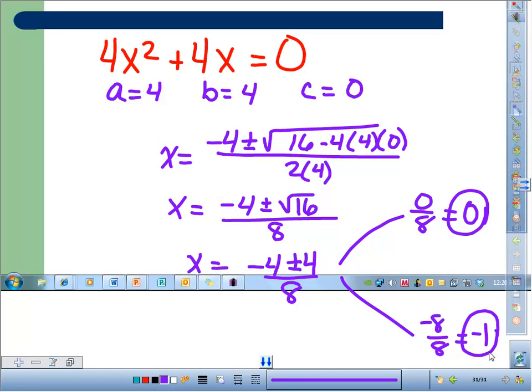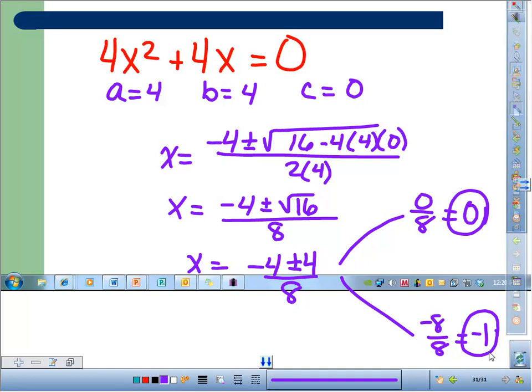If this discriminant is 0, we're going to have what we call a double root. Because 5 plus 0 over 5 is 1, right? 5 minus 0 over 5 is still 1, right? You get 1 both times. You only have to write it once, so you say x equals 1. That's true. But since you do get it twice, it's called a double root.